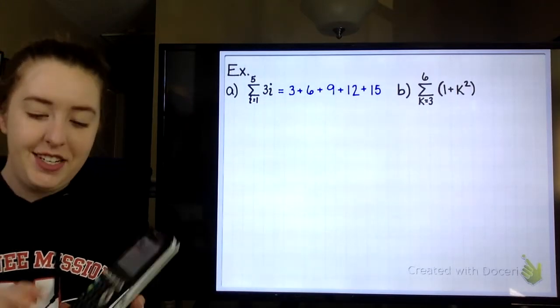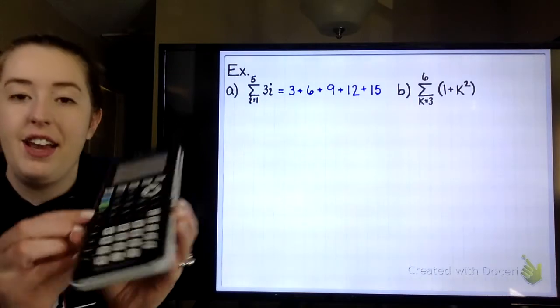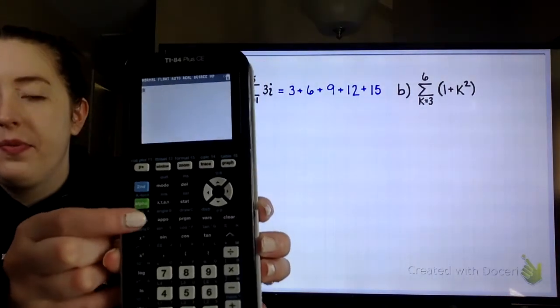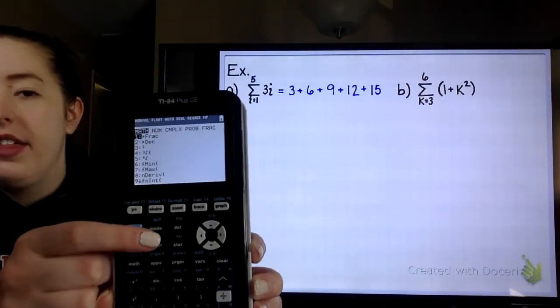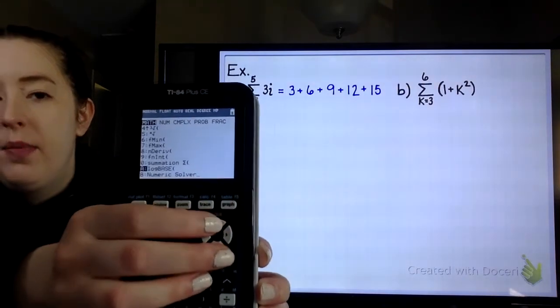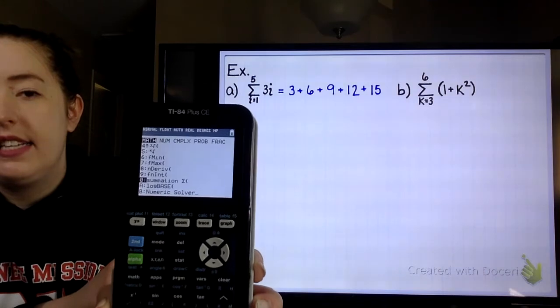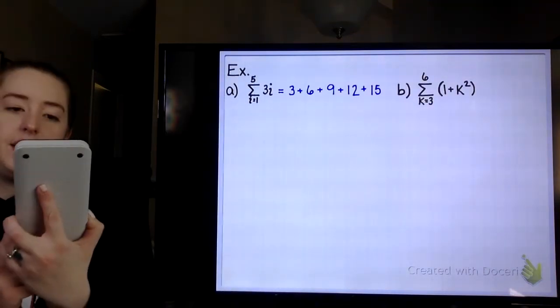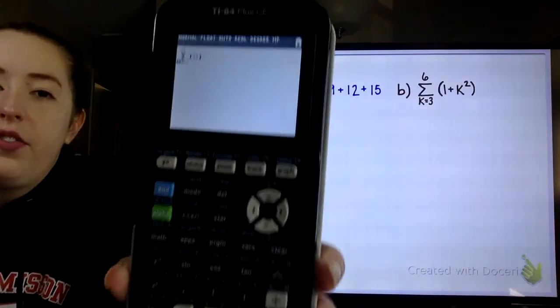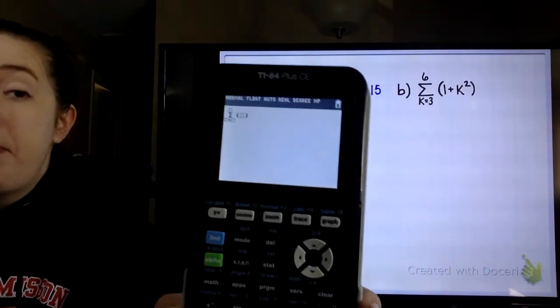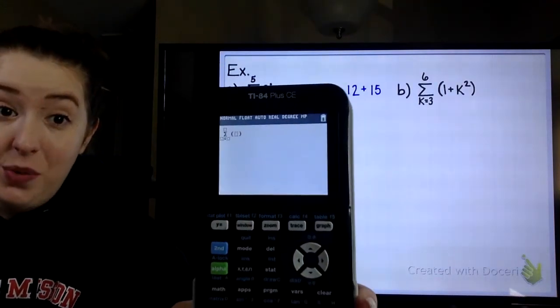So here's what you're going to do. You are going to go ahead and press math again, and then you can either press down or press up, but you're going to end up at 0. You see where it says summation and then it has that sigma? That's what you're going to select. Now the first thing, it has alpha. You can put any letter you want to.